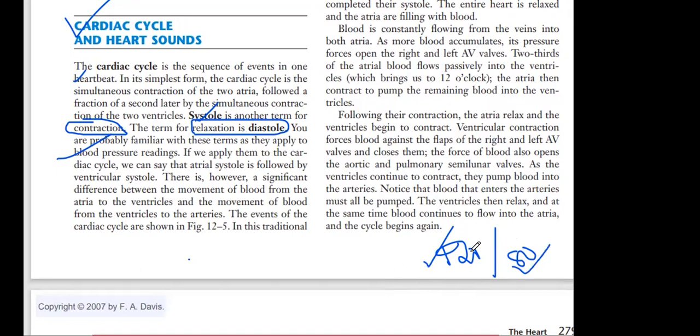Pressure is needed for contraction, but for relaxation that much pressure is not needed. That's the reason 120 is the pressure of the heart for contraction.